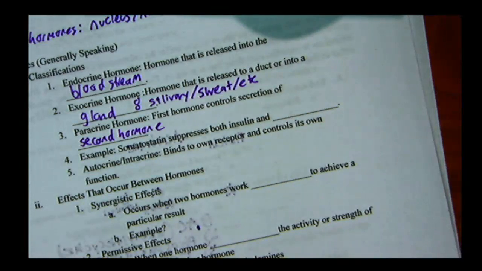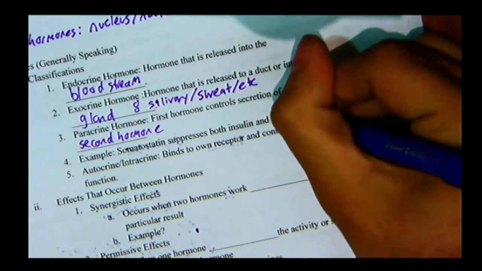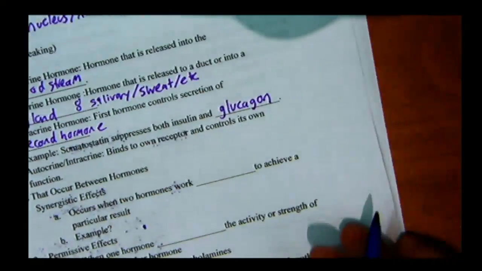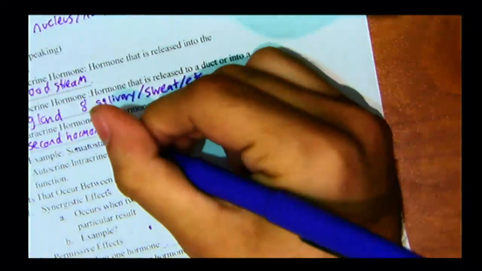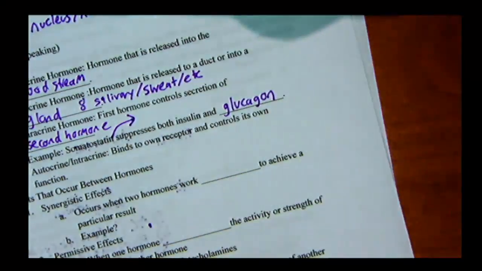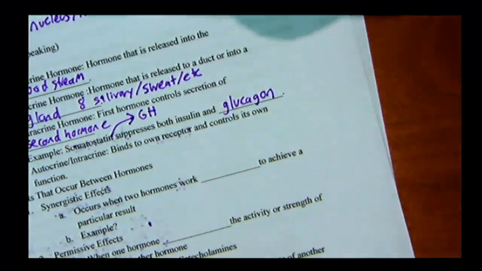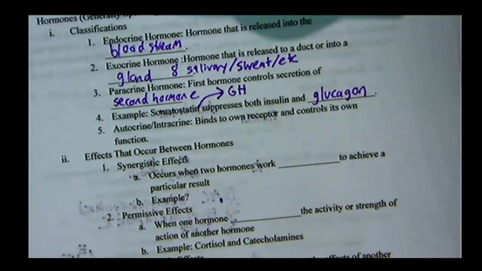On a side note, what else does somatostatin suppress? Awesome, growth hormone. And autocrine, intracrine binds to its own receptor and controls its own function. Do you know an example of that? Awesome, insulin and also somatostatin.